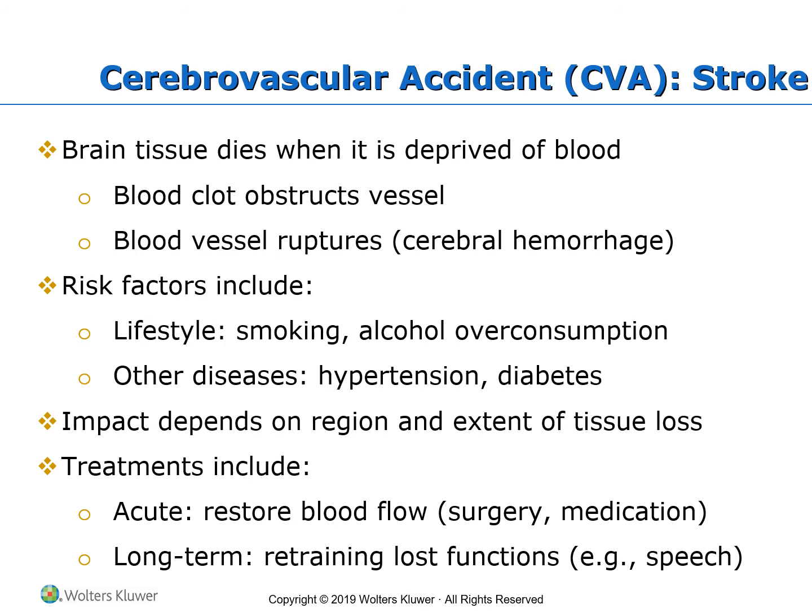Those losses may involve the ability to speak or write, which is called expressive aphasia, the way that we express ourselves. Or they may involve other centers, because there are two different centers in our brain. The centers responsible for understanding written or spoken language, and that type of aphasia is called receptive aphasia.